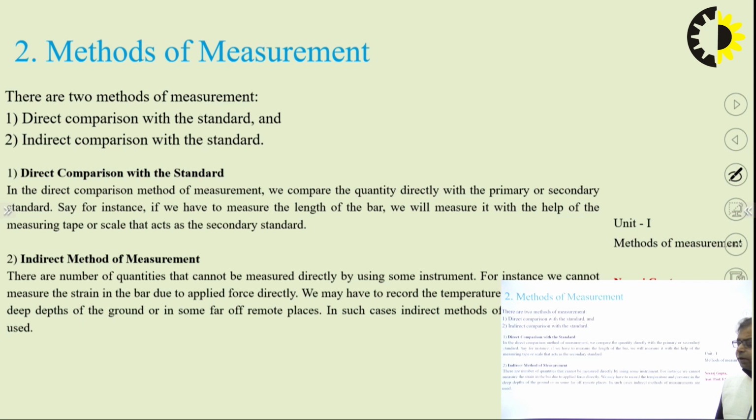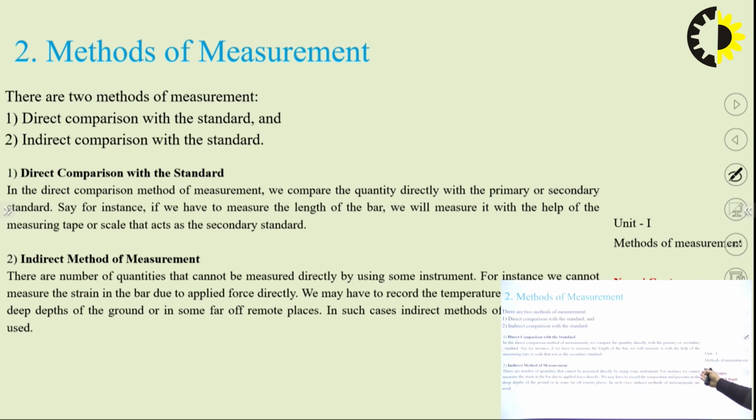Then comes the indirect method. There are many quantities which need to be measured in terms of other quantities. Many quantities cannot be measured directly, for example temperature and pressure.